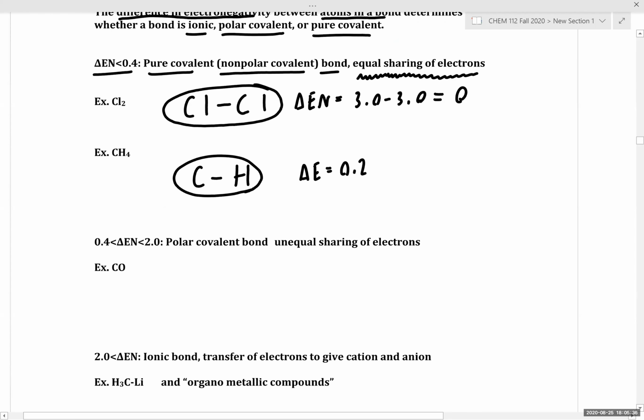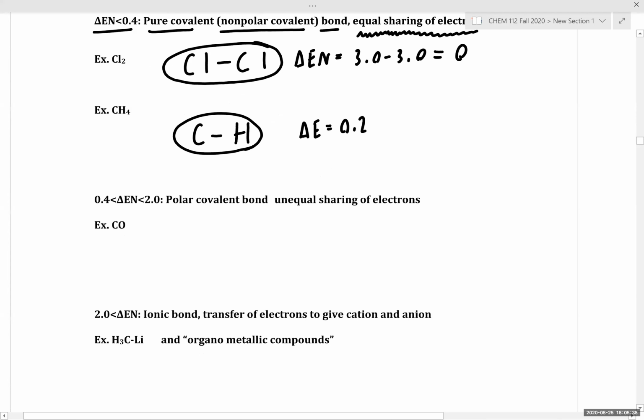Now, where things get a little bit more interesting is if you have a difference of electronegativity greater than 0.4 and less than 2.0, you have what's known as a polar covalent bond. This entails an unequal sharing of electrons.